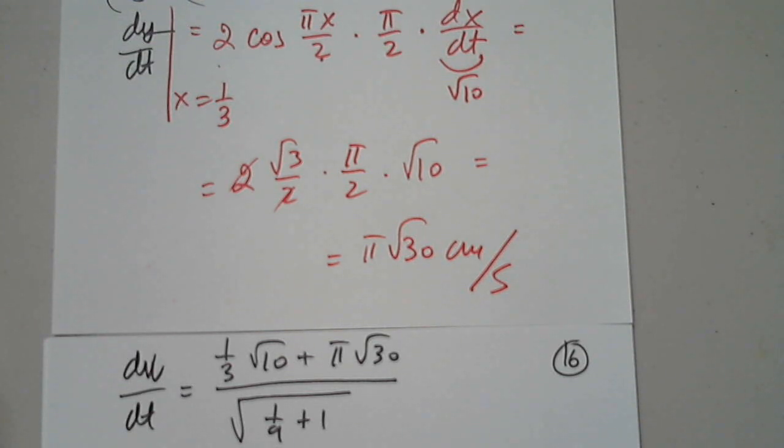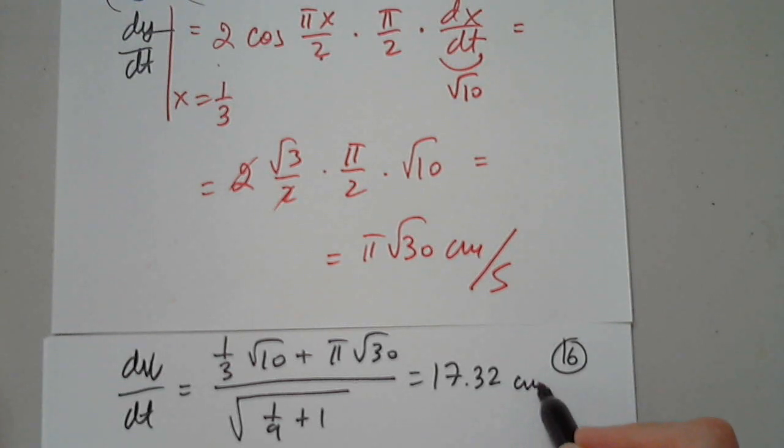Close the parenthesis. And then divide by the square root. And I like parentheses there. I have 1 divided by 9 and plus 1. And close, and I press enter, and that's it. So this is 17.32, and this has to be centimeters per second. Thank you. Sorry for keeping you another minute.